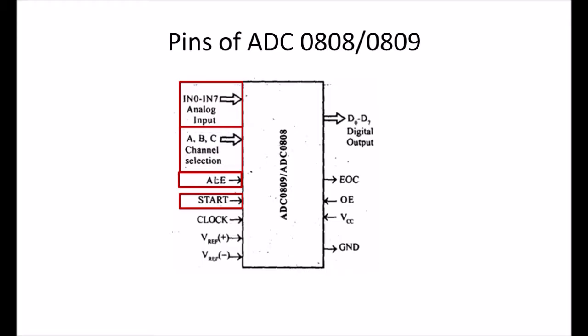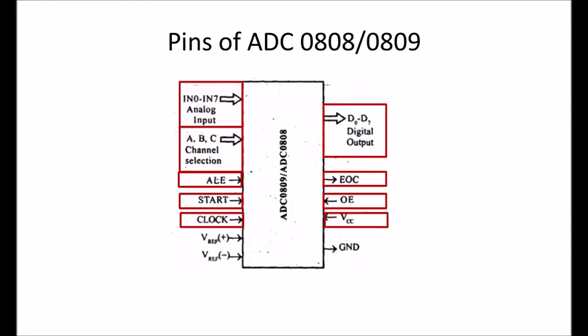Then to check whether the conversion is over or not, it has the EOC signal, and to place the converted output on the digital output lines, it has the OE signal, the output enable signal. After giving the output enable signal, digital output will be available on digital output lines D0 to D7. Then we have to connect VCC and ground. V reference, that is the positive voltage, and V reference minus should be connected to ground again.